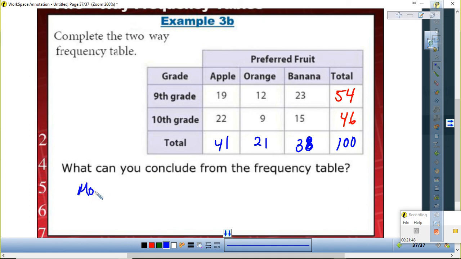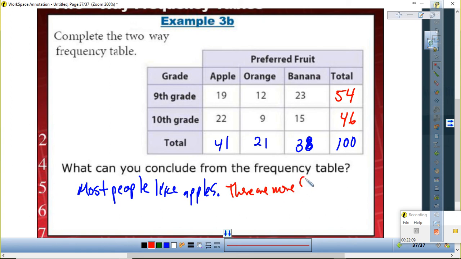Most people like apples. Yeah, I'll take that. What is the second thing that we can conclude given these numbers on this side? Leslie R. There are more ninth graders than 10th graders. Thank you. That is correct. Those are two things that we can conclude.